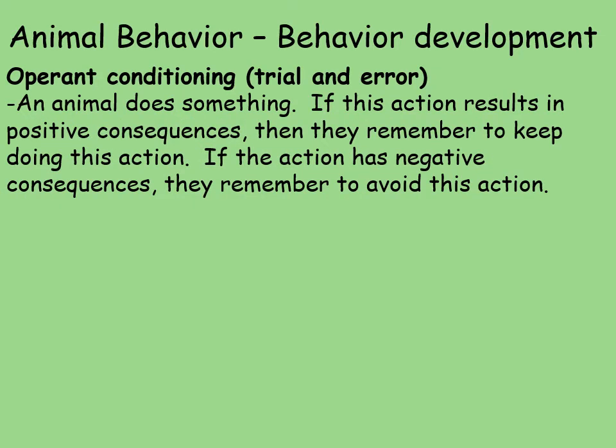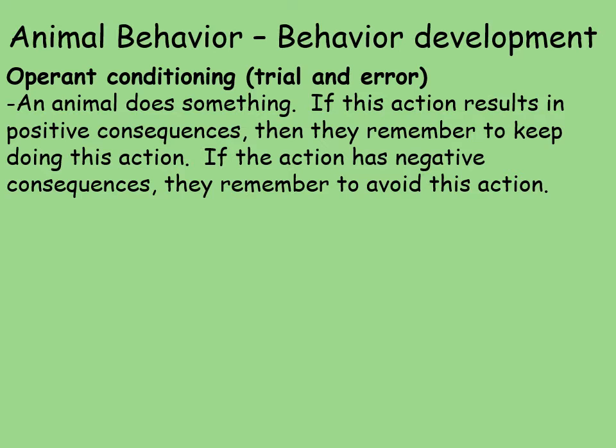Okay, so we've talked a lot about classical conditioning. Now let's discuss another type of learning, which is operant conditioning or trial and error learning. The difference between operant conditioning and classical conditioning is, remember when I talked about classical conditioning, the animal's kind of sitting back and observing their environment and making connections.